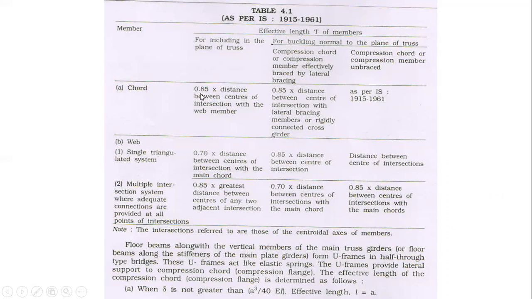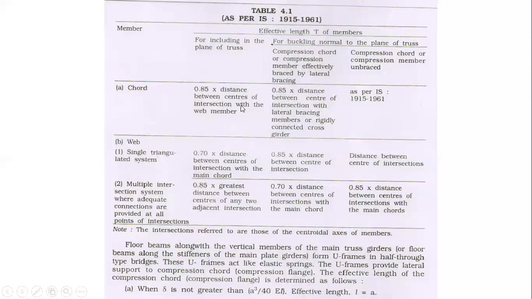If you are calculating the effective length of the web members, that is the vertical member or the inclined member, then you have to use 0.7 times the distance between centers of intersection with the main chord, that is the top chord and the bottom chord. You have to take the distance between the top chord member and the bottom chord member, which in our case is 6 meter.